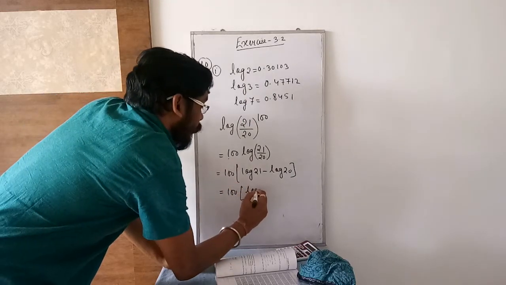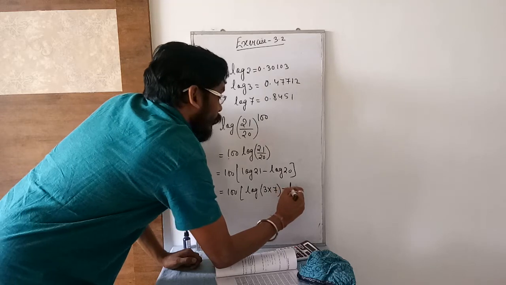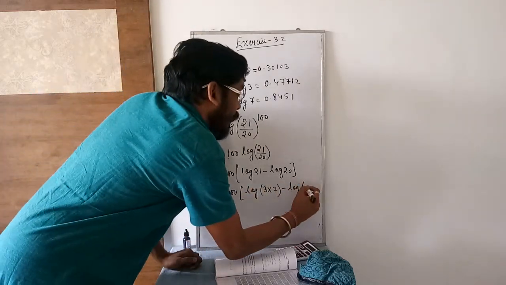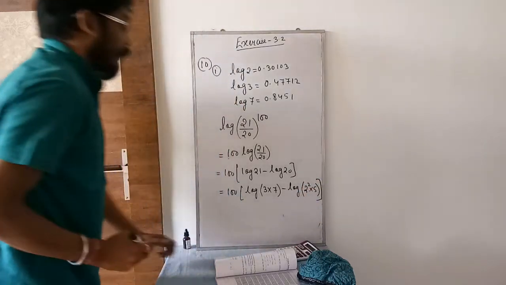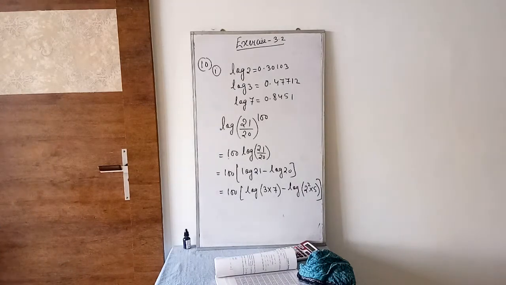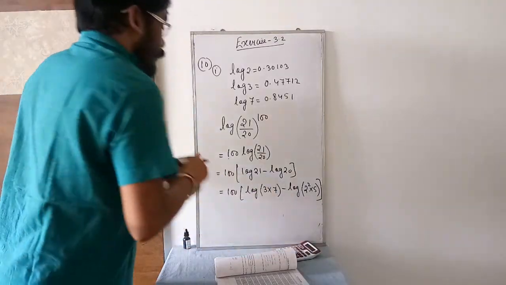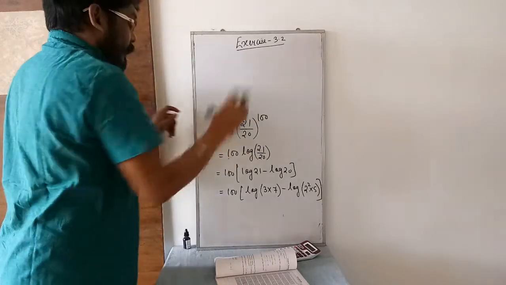So log 21 you can write as 3 into 7, and 20 you can write as 4 into 5, and 4 into 5 means 2 square into 5. In case of log, if it is into, it will become plus.